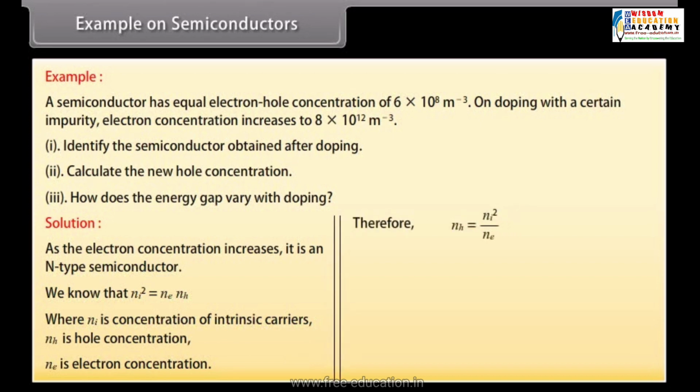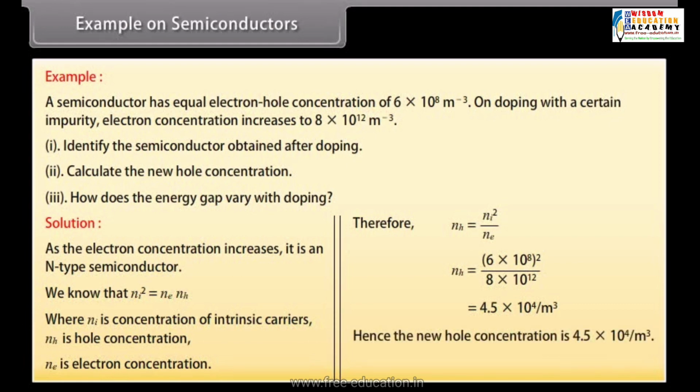Therefore, Nh = Ni² / Ne. On putting the values, we get Nh = 4.5 × 10^4 per meter cube. Hence, the new hole concentration is 4.5 × 10^4 per meter cube. With the doping, energy gap decreases.